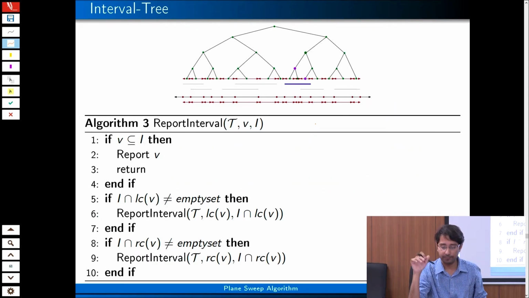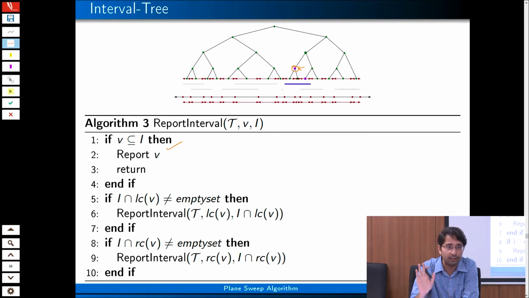Now this is the overall idea. How we are doing it, this is the algorithm. What we are checking, starting from the root: is the interval we are looking for a subset of the current interval? Then we don't have to look further. For example, in this case, we know that we don't have to look further because the interval stored at this node is a subset of the interval that we are looking for.